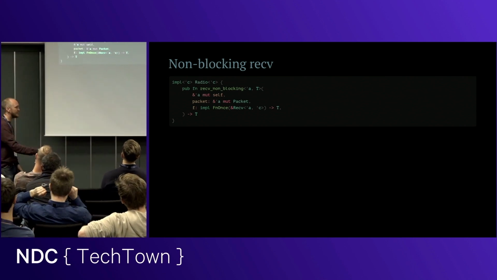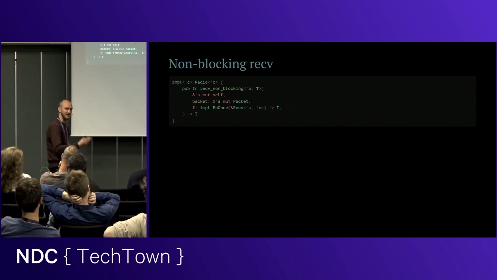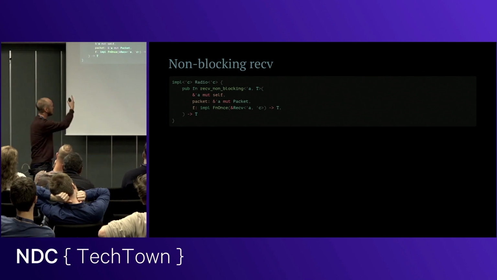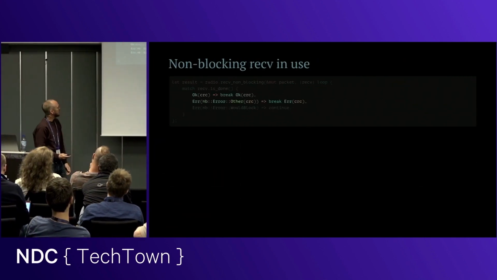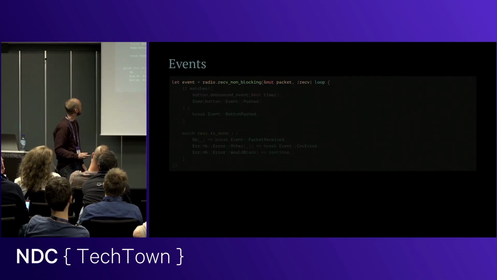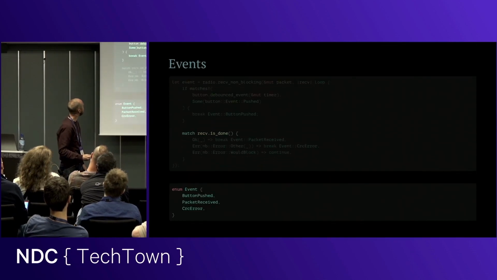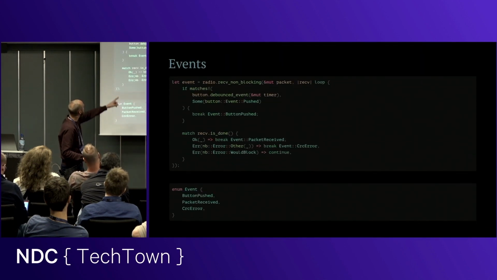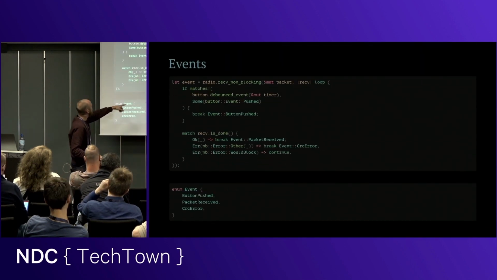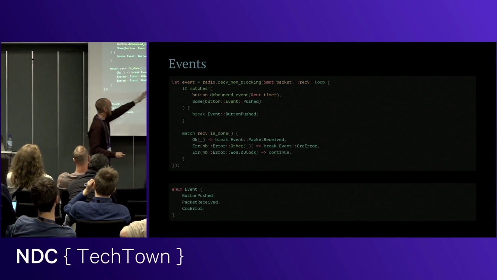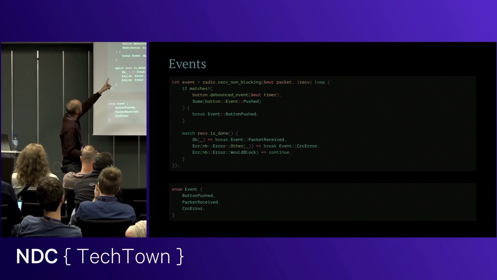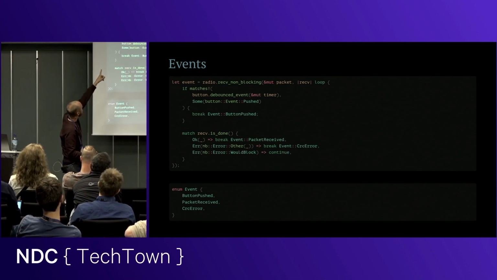So whatever the return value of the closure is, that's what we get back. So any value is okay there. This whole thing returns when we break with an argument, the loop returns this value, and that's what the whole function call returns, and that's what we store inside the event variable.